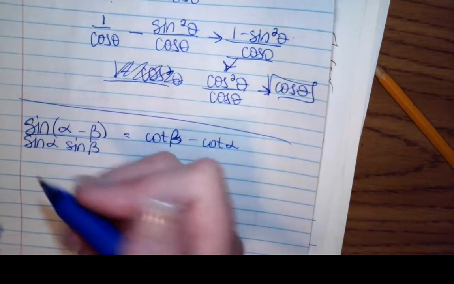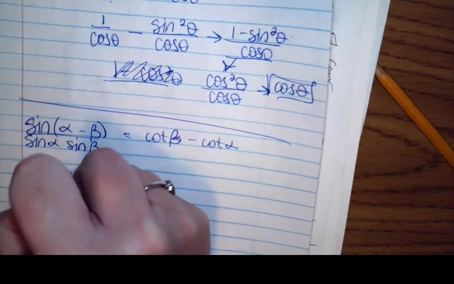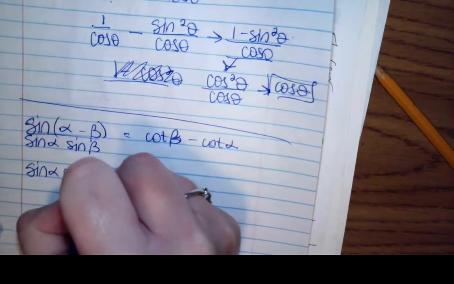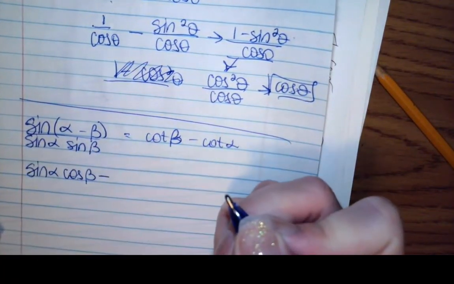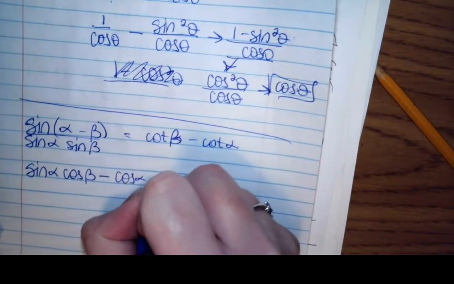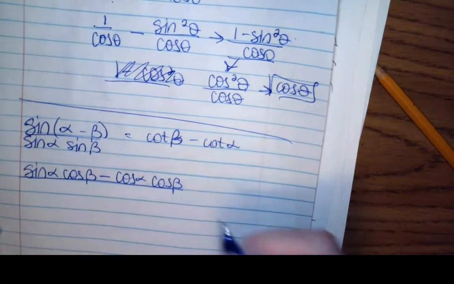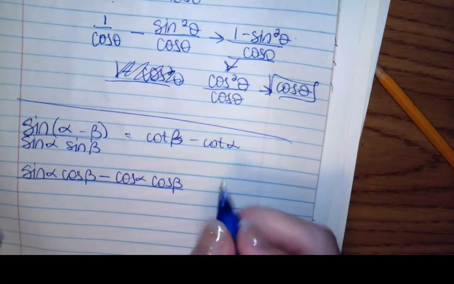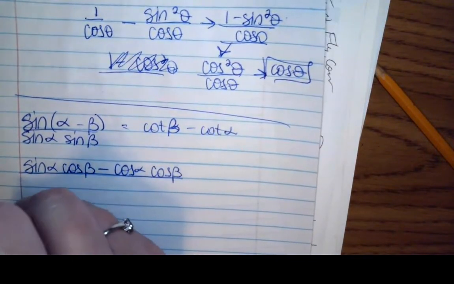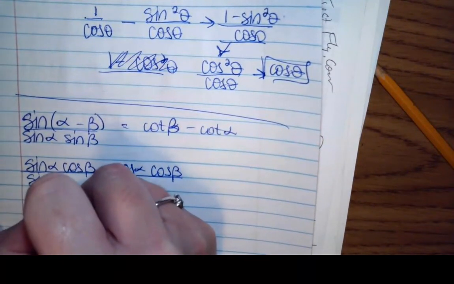So I now have sine alpha cosine beta minus cosine alpha sine beta, and all of that is going to be over a common denominator of sine alpha sine beta.